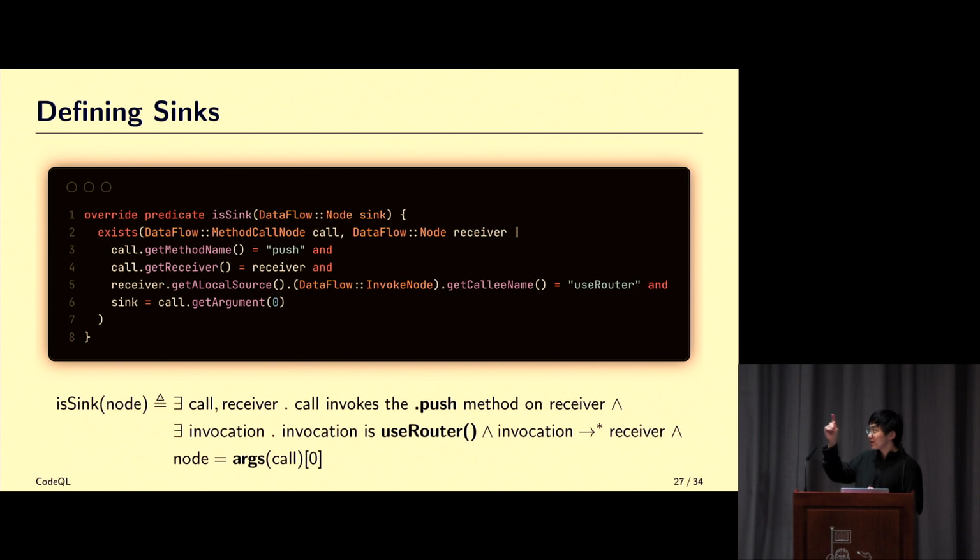So what this part is saying is that a node is a sink if there exists a call and a receiver such that the call invokes the .push method on the receiver, and there is an invocation of the function useRouter, and there is a path of zero or more steps that goes from that invocation into that receiver. And then the node is the first argument of that call. If all of that is true, then that node is a sink. So essentially, we're finding instances where people are using router.push on untrusted input.